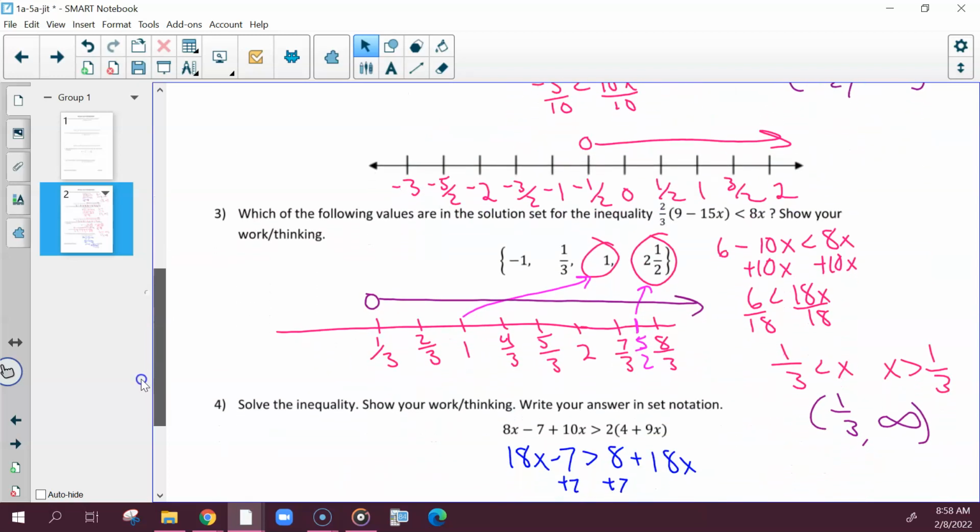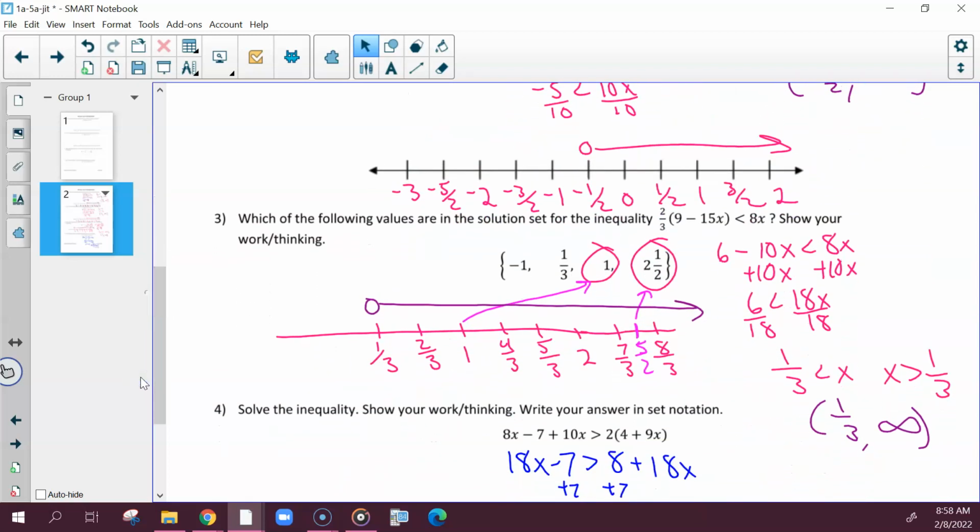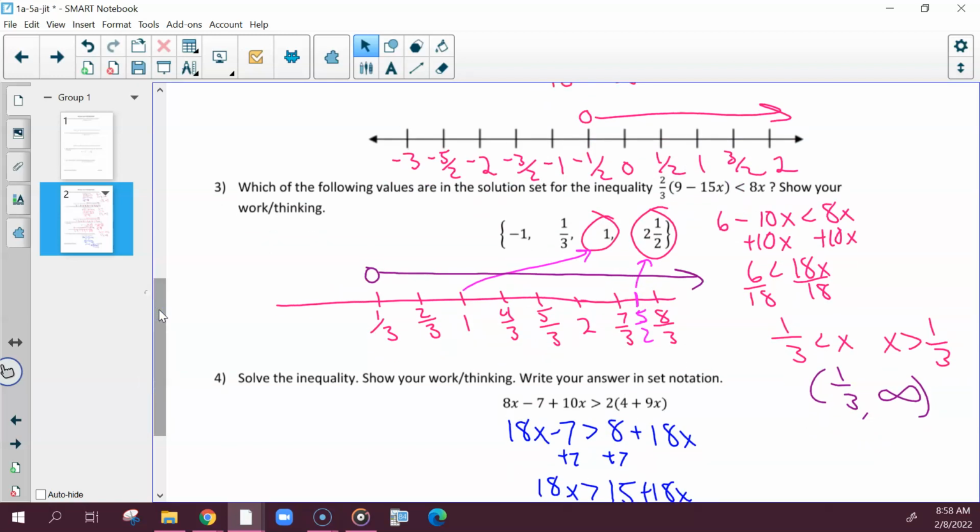For number 3, we need to know which of these values are in the solution set. I did solve this to begin with to see what my final answer would be, which was x is greater than 1/3.